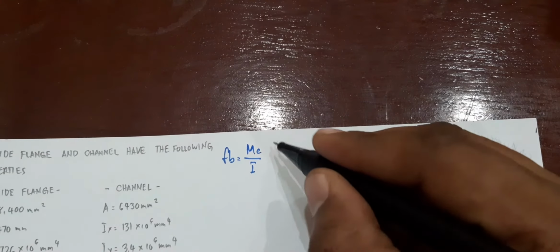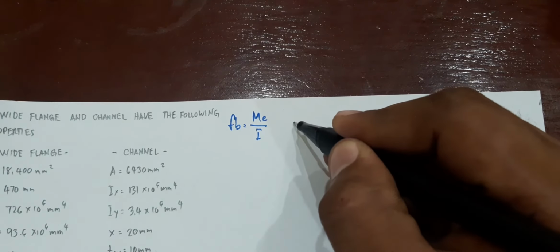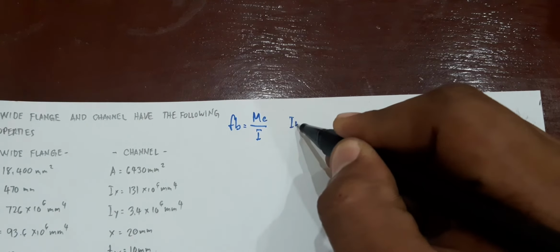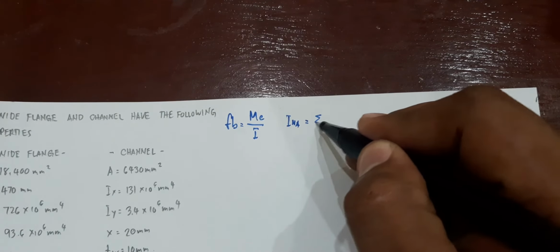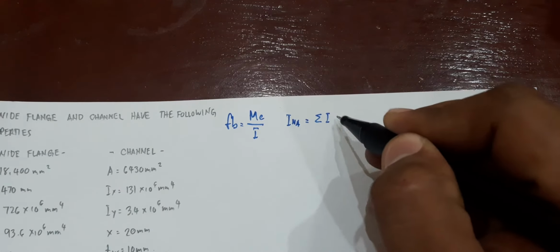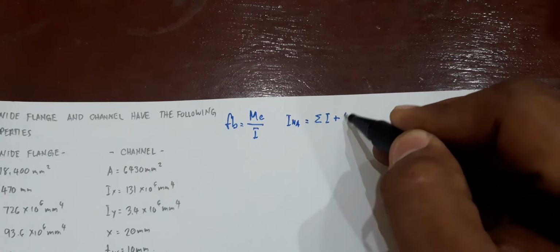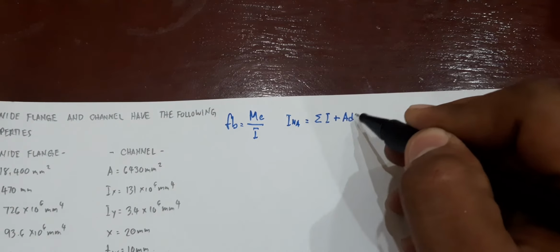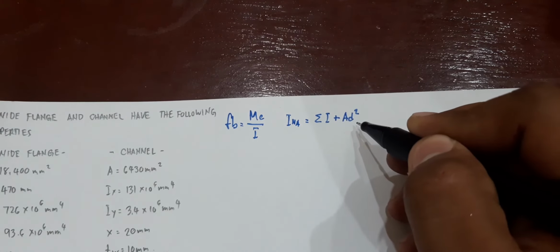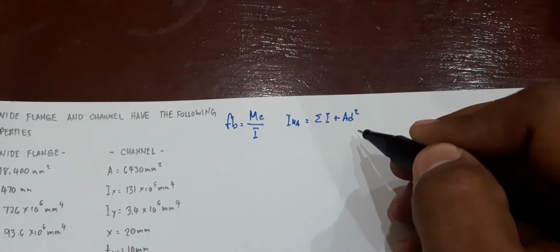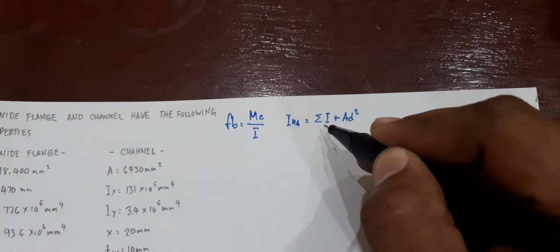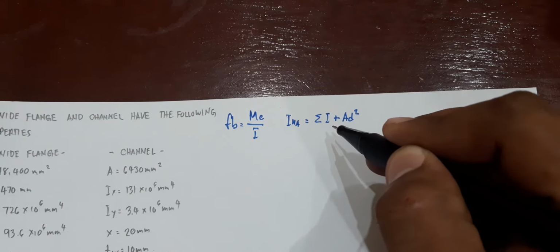So, making use of the transfer formula, moment of inertia about the neutral axis is taken as the summation of the individual moment of inertia plus the cross-sectional area times d squared. D here is the distance between the centroid of the individual geometry with respect to the neutral axis. Okay, I is the individual moment of inertia.